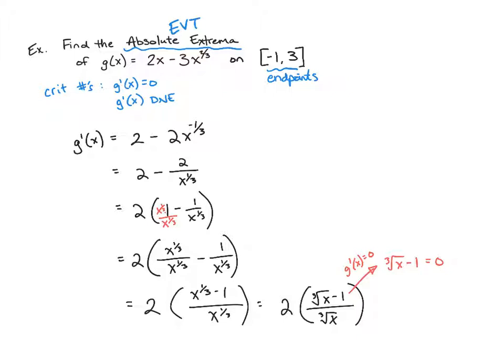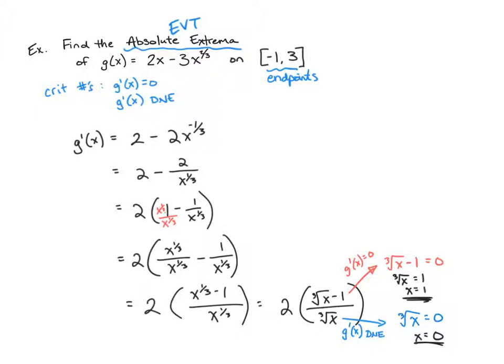If I want to find where G prime does not exist, I'll look at where the denominator equals 0. So the numerator equals 1, so x equals 1 will be one of my critical numbers. And down here, x equals 0. So we found two critical numbers.